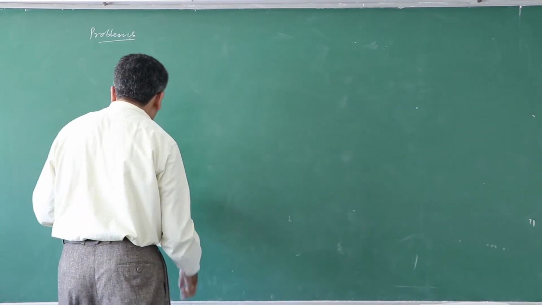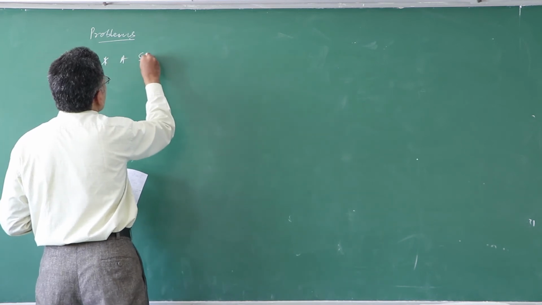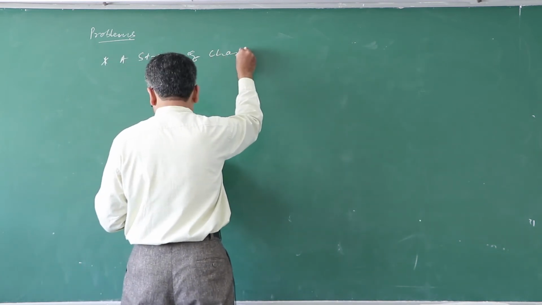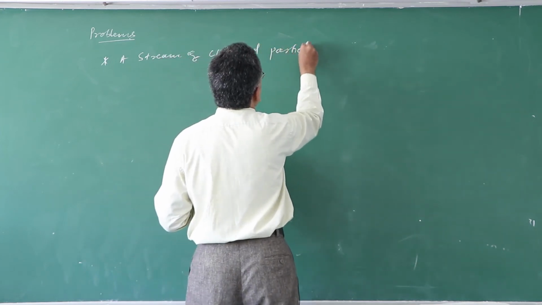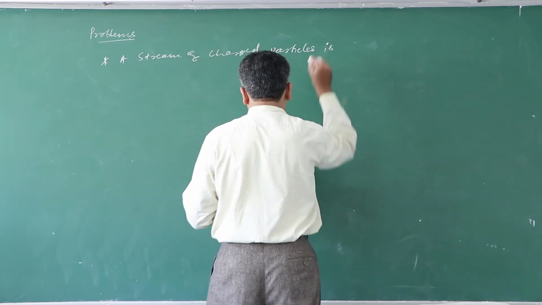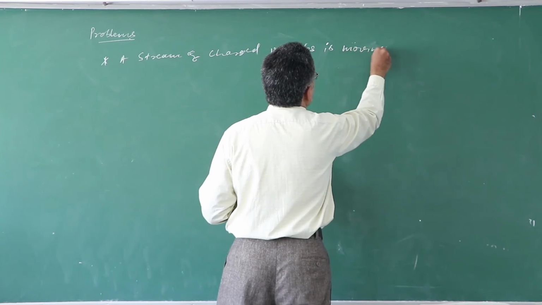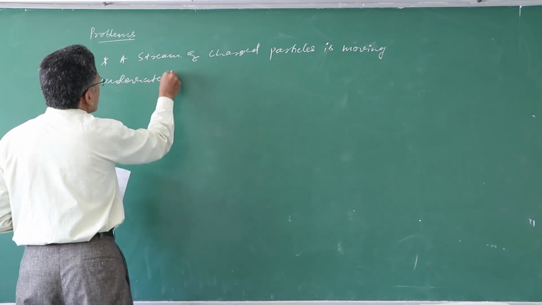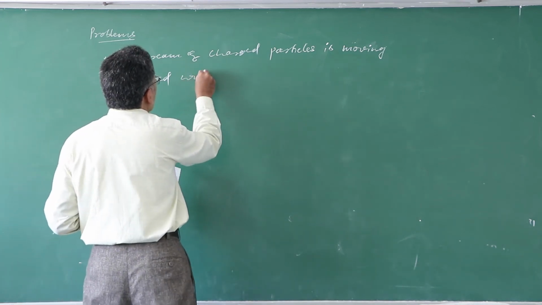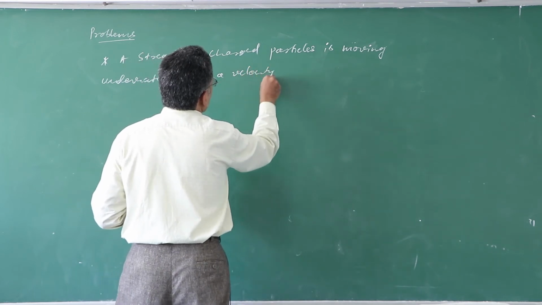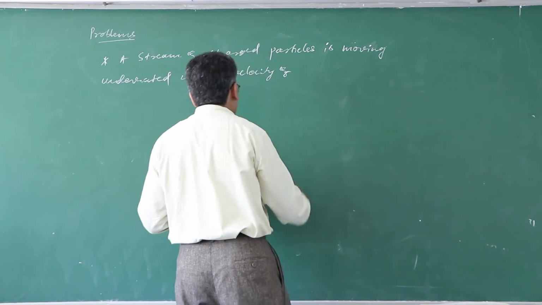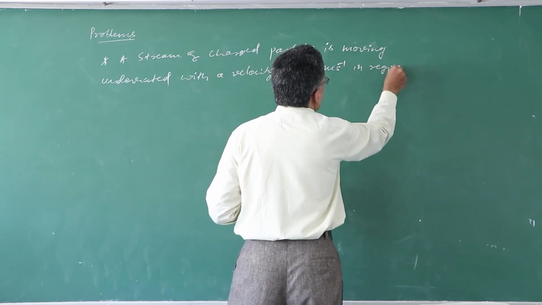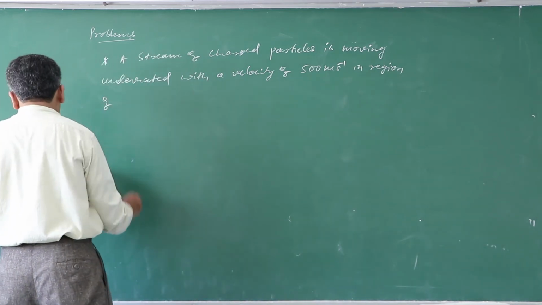Let me take the last problem. A stream of charged particles is moving undeviated with a velocity of 500 meter per second in a region of crossed fields.